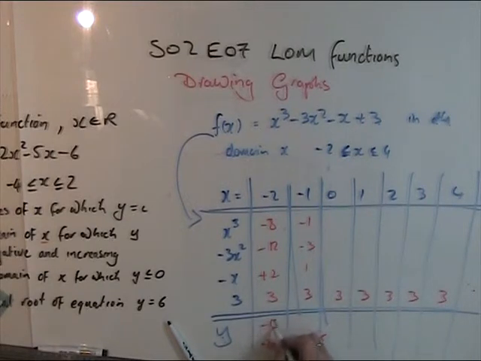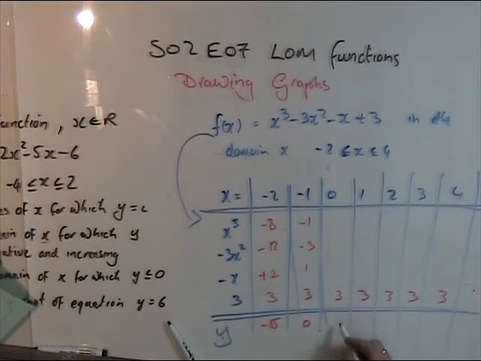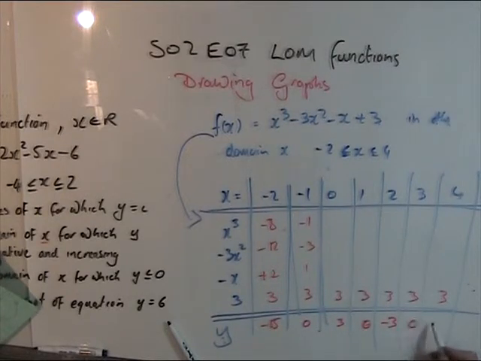So that's the first couple, right? And you go along, I'm going to write them out: 3 and minus 3, 0, 3, 0, minus 3, 0, 15.